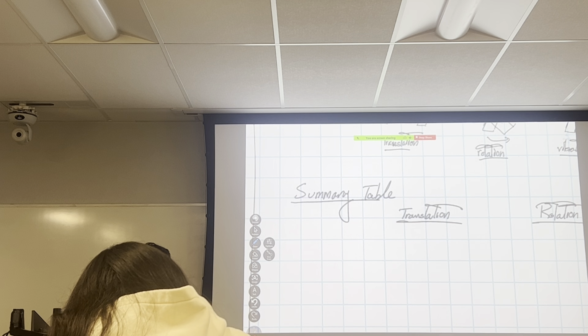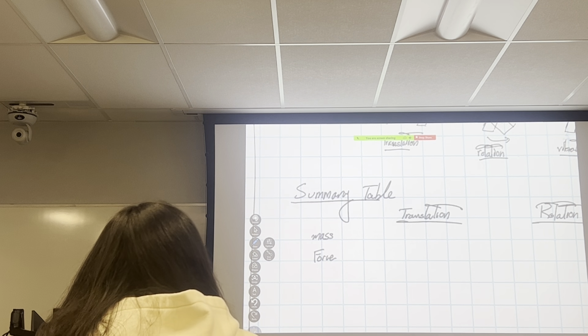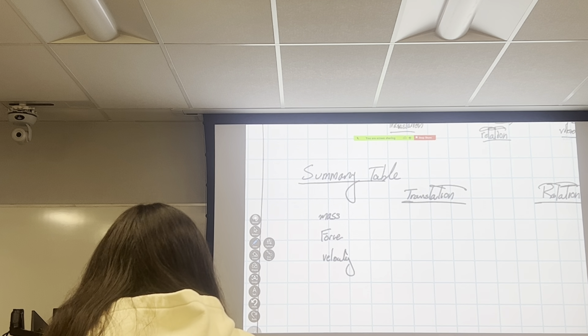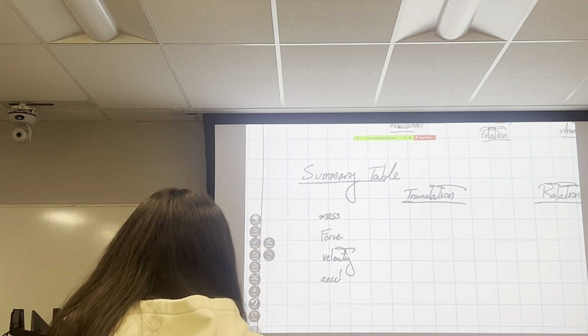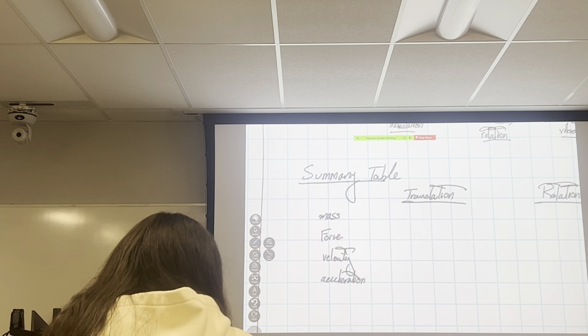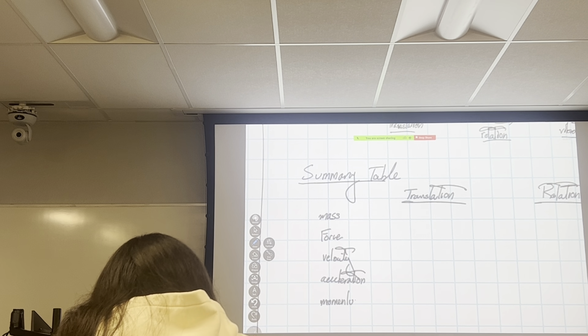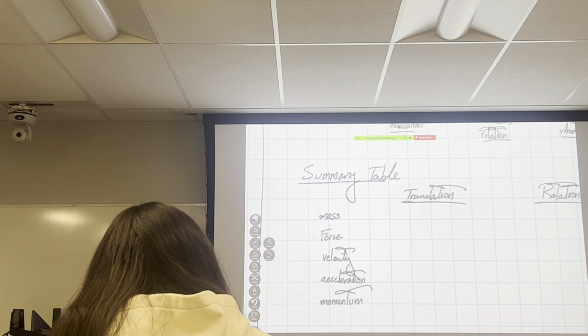In our translation section, we discussed things like mass. We discussed force, velocity, acceleration, and momentum.